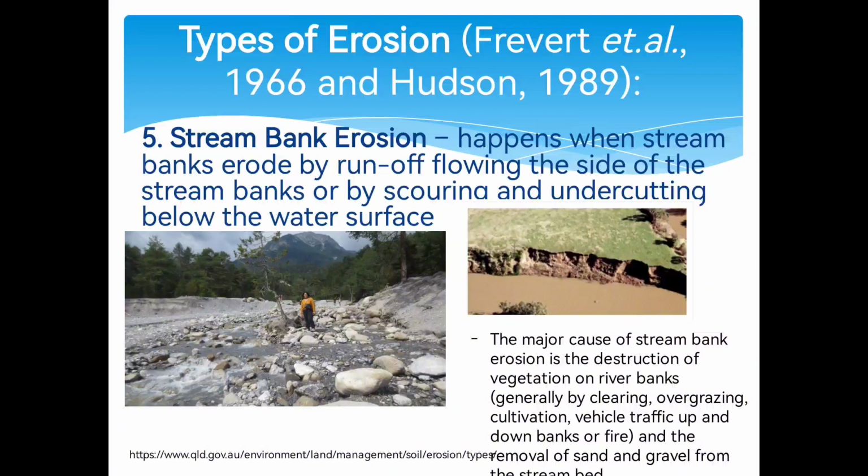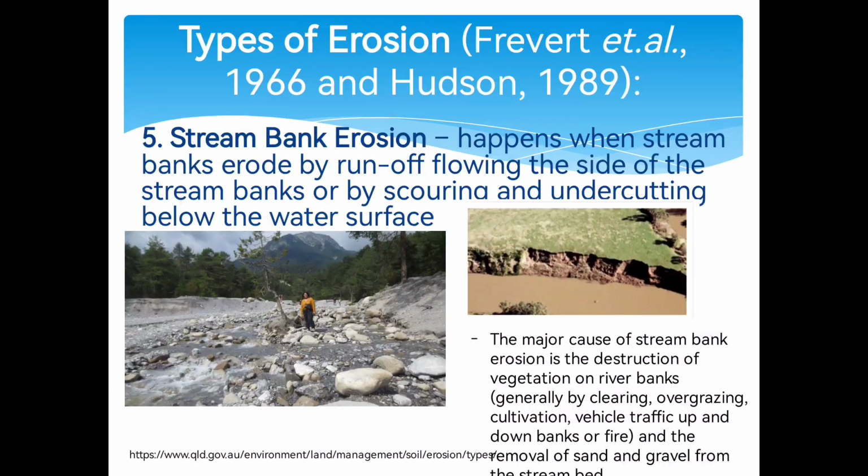And then we also have stream bank erosion na kung saan yung gilid na mga ilog happens when stream banks erode by runoff flowing the side of the stream banks or by scouring and undercutting below the water surface. Kung mapapansin nyo sa mga rivers, pag bumabaha, yung mga banks, pag masyadong malaki yung baha, lumalaki din yung river.